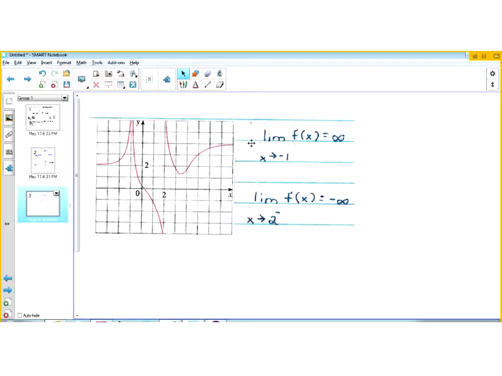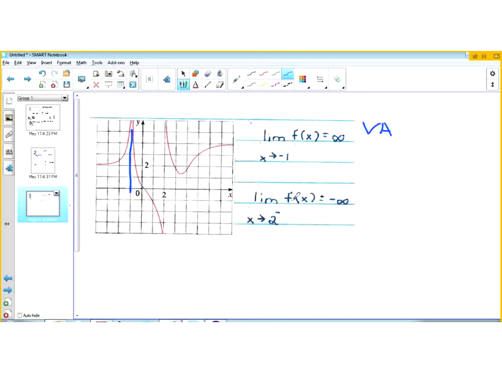We want to demonstrate that the limit as x approaches -1 for this particular function equals infinity. If that's the case, this would be the indicator of a vertical asymptote. So let's highlight x equals -1, which is right here. If the limit as x approaches a number equals infinity, as in this case, you can see that it's a vertical asymptote. So here's a VA.